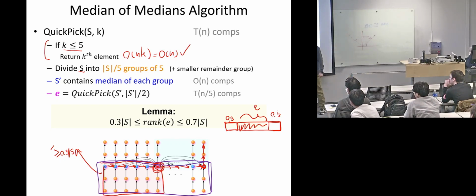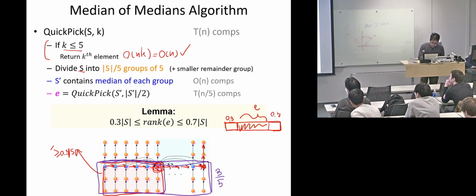The purple set here is a 3/5 fraction of the whole thing, because there are 5 guys in each group, and for every 5 points I take 3 points.